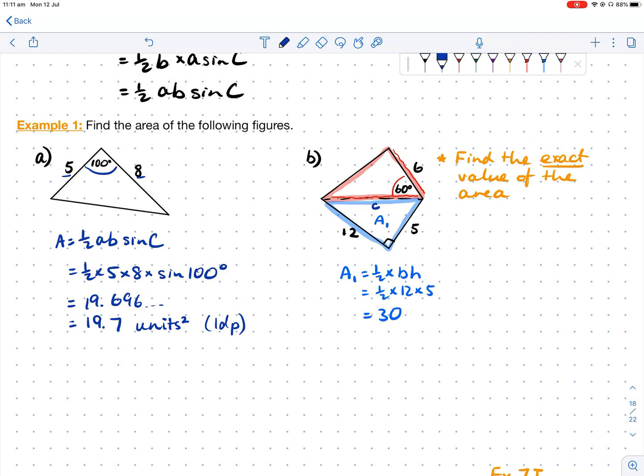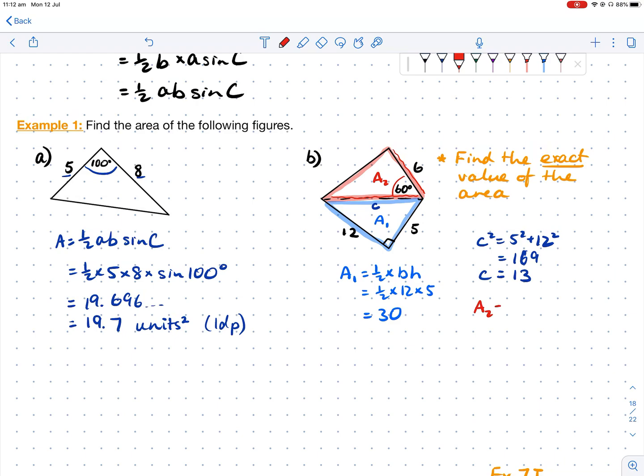If I call that C for now, C squared is 5 squared plus 12 squared, and that's 169. So C is going to be the square root of 169, which is 13. So what we know is that the diagonal is 13. Once we've got that, we can now work out the area of A2.